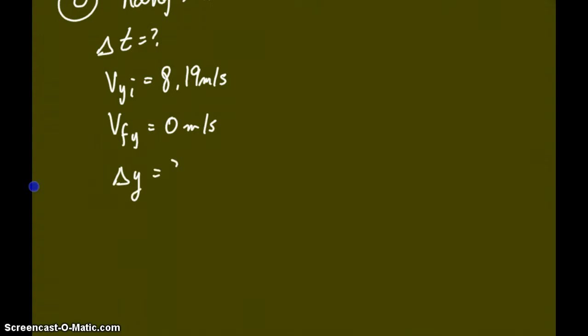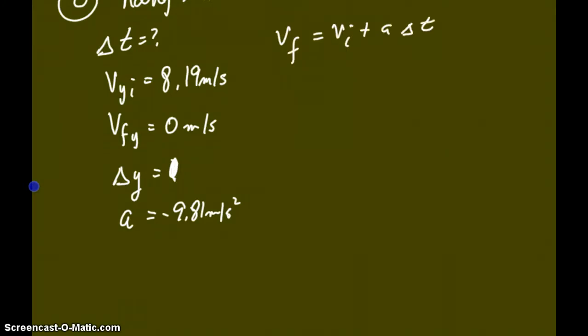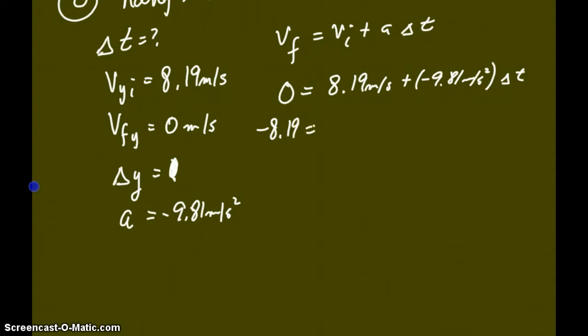Delta y, that's how high we want it. Oh, no. Eventually we want to know how high it goes. And the acceleration obviously is negative 9.81 meters per second squared. Delta y missing. vf equals vi plus a delta t. 0 is equal to 8.19 meters per second plus negative 9.81 meters per second squared times delta t. Negative 8.19 is equal to negative 9.81 times delta t.